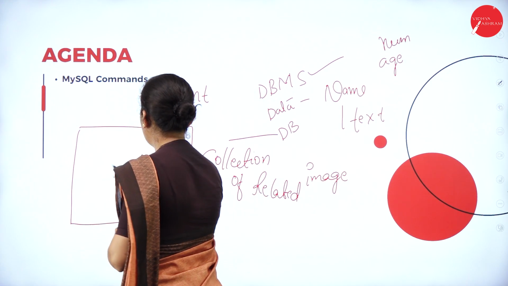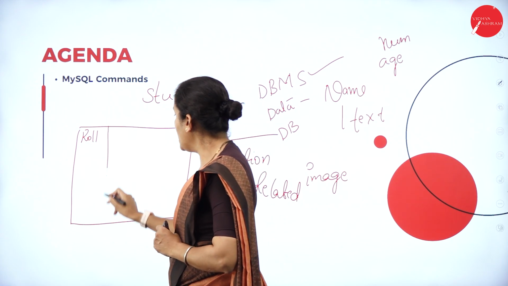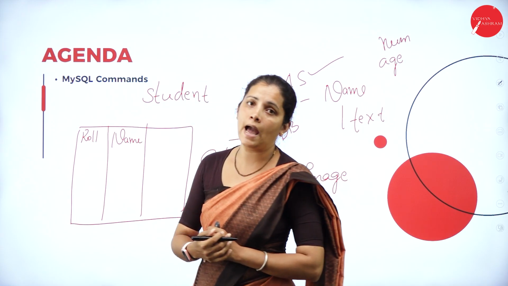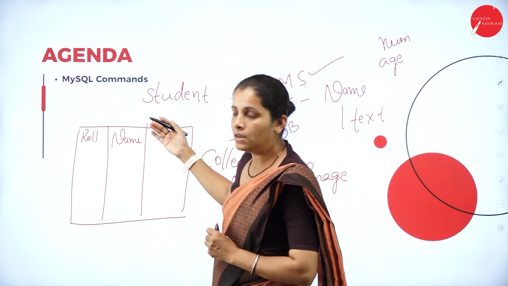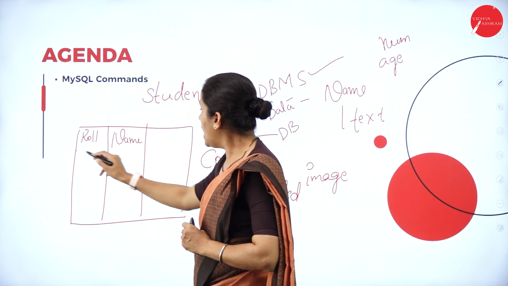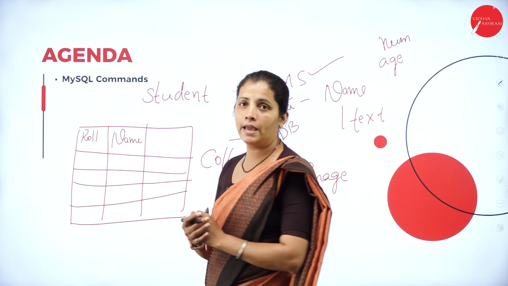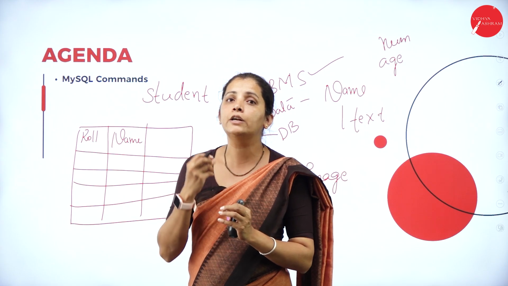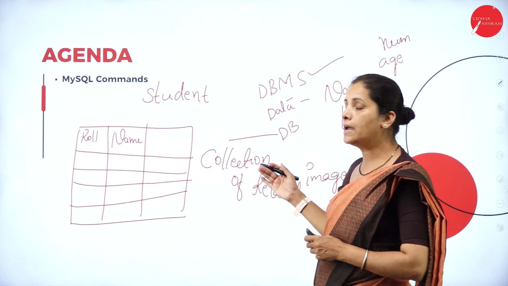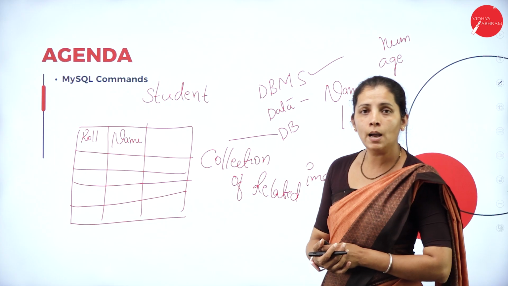I can have the roll number, that is the USN, then the name of the student, the marks, the total, even the percentage. If I have certain records in this database and the fields are related to each other, then it is called database. So a collection of related data is known as database.